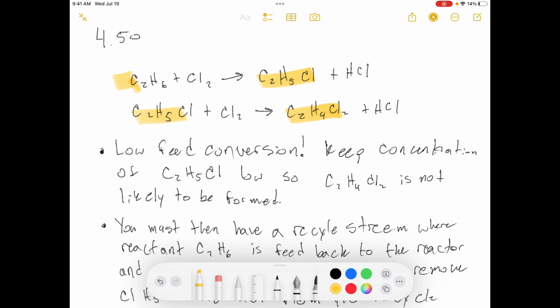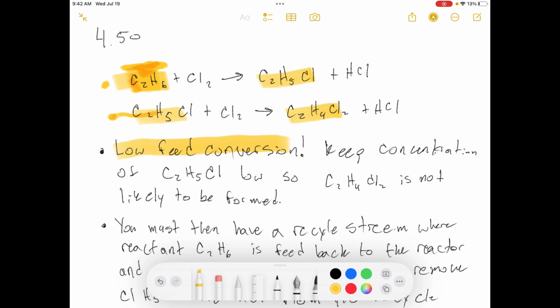Okay, so you would want a low feed conversion. The reason for this is as long as ethane is present, your reaction will likely want to follow this mechanism, right? As long as this is present. But if you get a high conversion and then this thing starts to get really low concentration, then this becomes preferred, right?